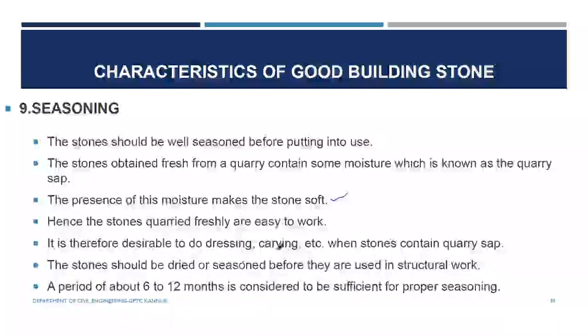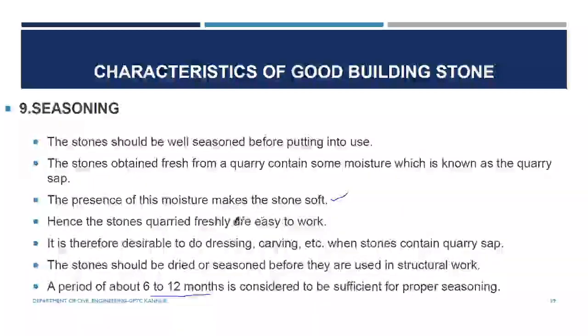So what do we have to do? We have to dry the stone for a period of 6 to 12 months. This is what is recommended. Since moisture makes the stone soft, the stone freshly quarried is easy to work.